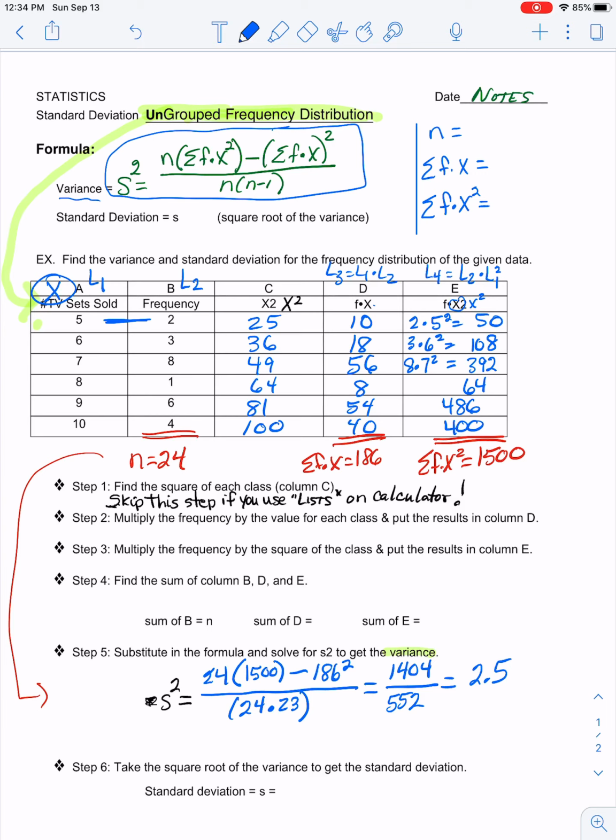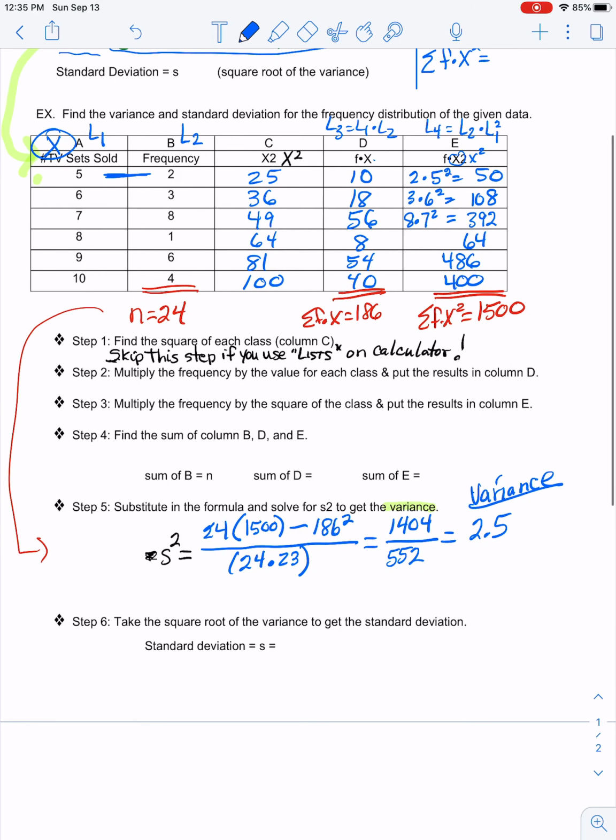Now remember, that's the variance. The final answer you're after is the standard deviation. So I would just hold the total decimal in your calculator, because if you're looking at your calculator screen right now, it's 2.543478, and so on. That's what I would take the square root of. Hit the square root on your calculator to get that standard deviation.